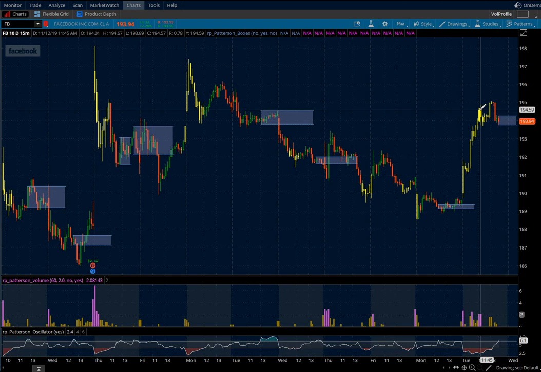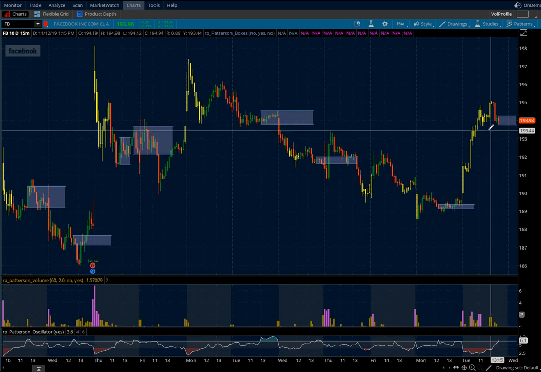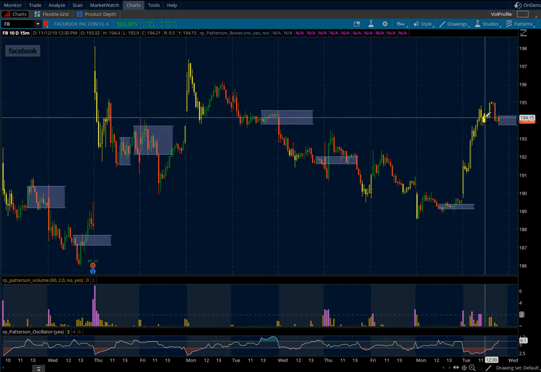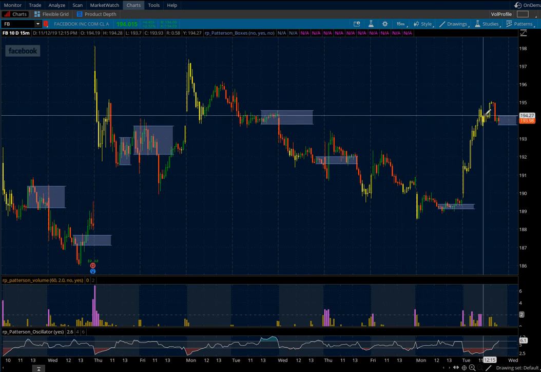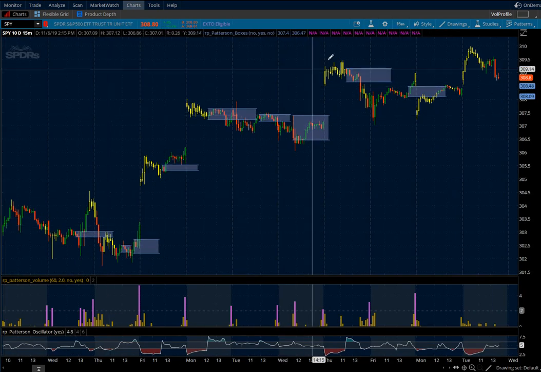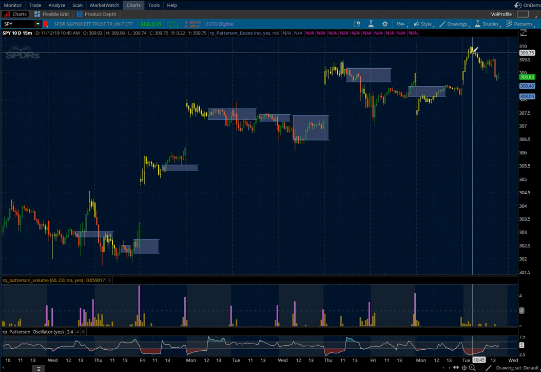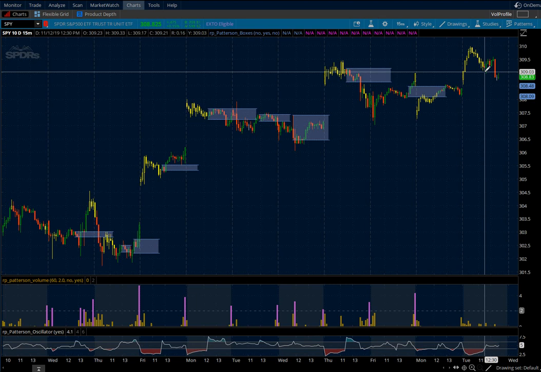What happened was it came down, it didn't meet all the qualifications, but I decided to take the trade anyways. I took the trade right in around here. And why did I take the trade? Because at the same time that Facebook was happening, the SPY went into an overvalued situation and started to reject the highs.